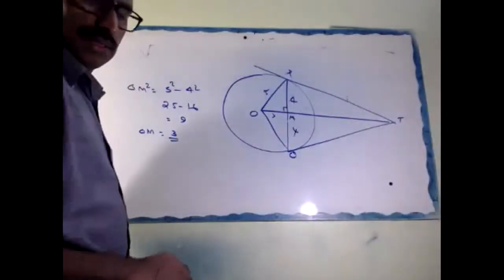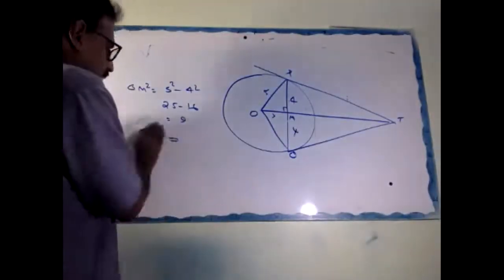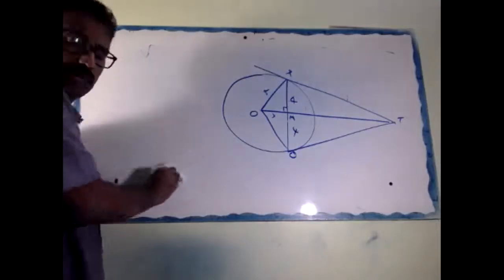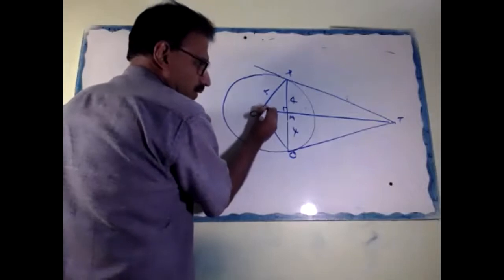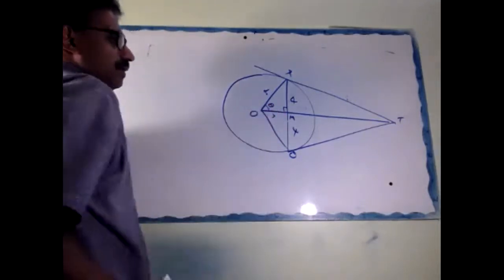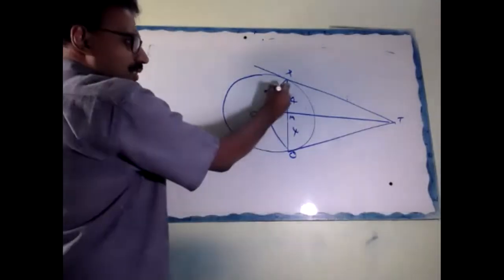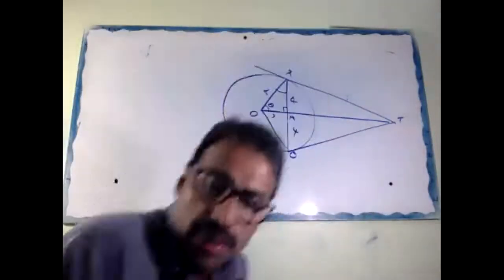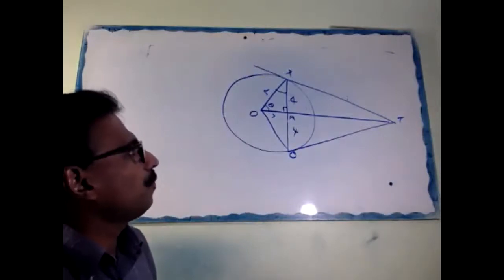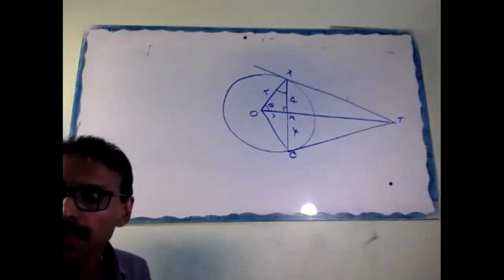Okay, now listen here. Don't write. Suppose this angle is theta. This angle is 90. What about the angle OPM? How much? 90 minus theta. Correct?